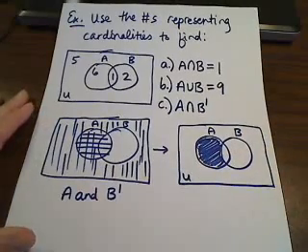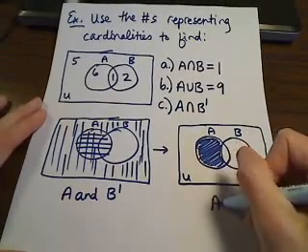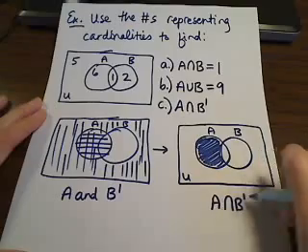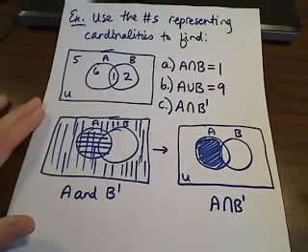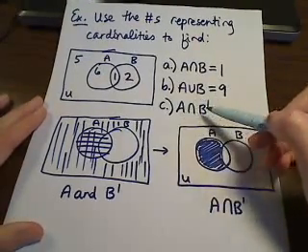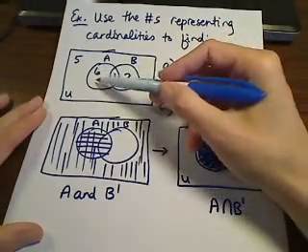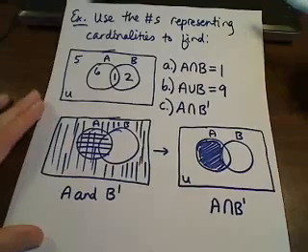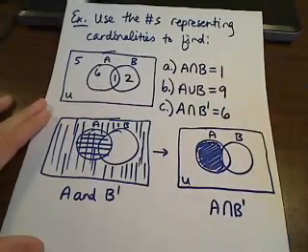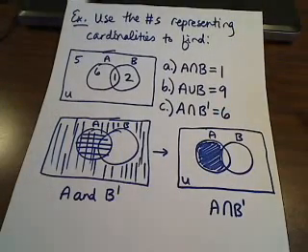So all of that region is representing A intersect B naught. If we go back up and actually answer their question, this region on my graph is showing that I have 6 elements in it, so this would be a cardinality of 6.